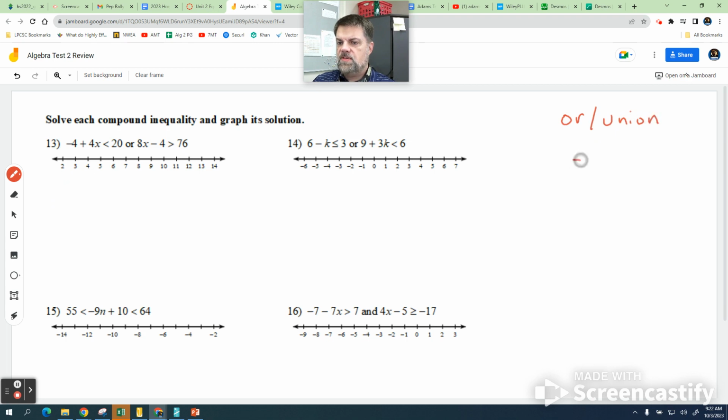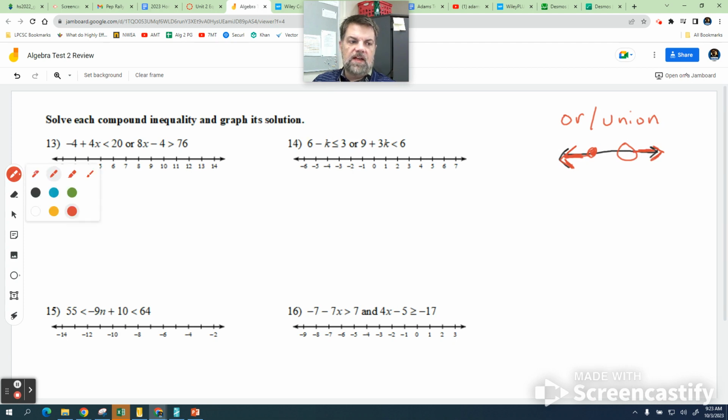And 9 times out of 10, you're going to have a number line and a graph that looks something like this, where you have something going this way and maybe something going this way.